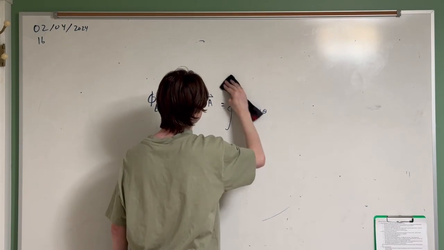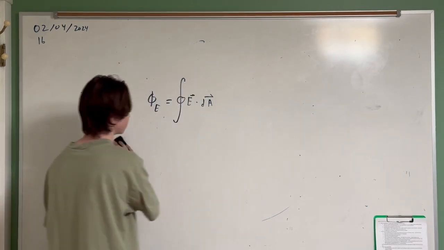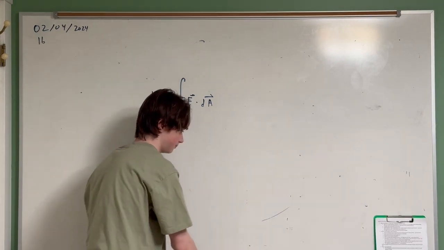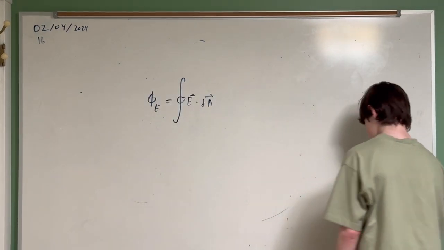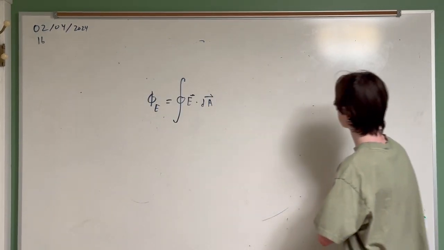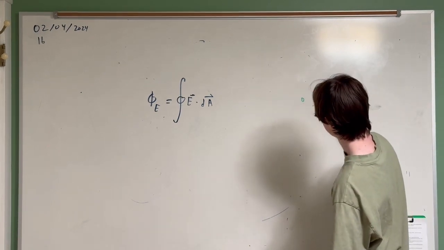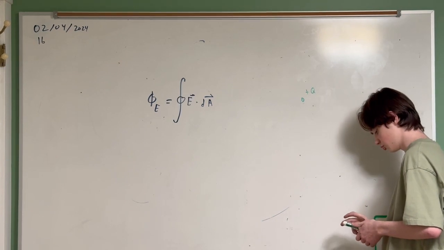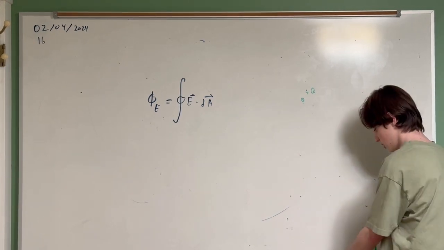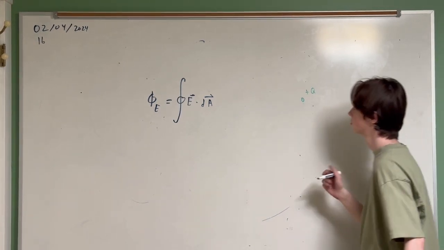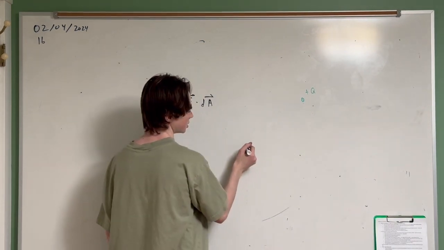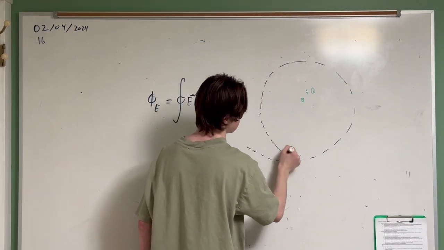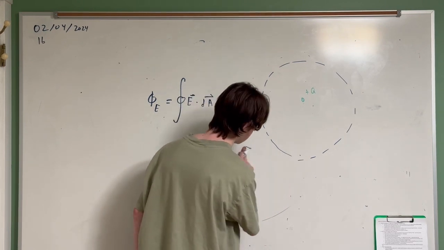So we have a charge, and this is a charge Q. We're trying to measure the amount of flux that this charge gives off. So we're going to make a Gaussian sphere to enclose the charge.